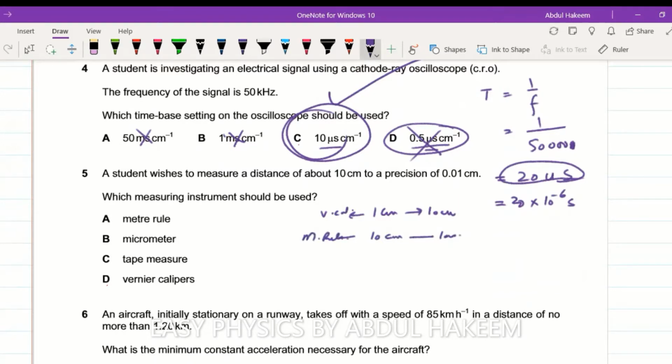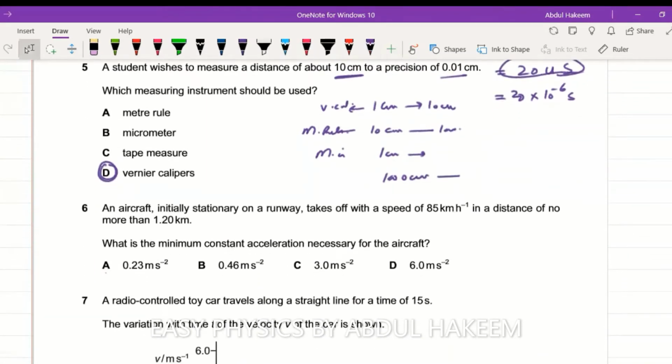And if the distance is less than 1 centimeter, then micrometer. And if the distance is more than 100 centimeter, then we use a tape measure or measuring tape. So here the distance is up to 10 and 2 decimal places, this precision is required, definitely the vernier caliper.